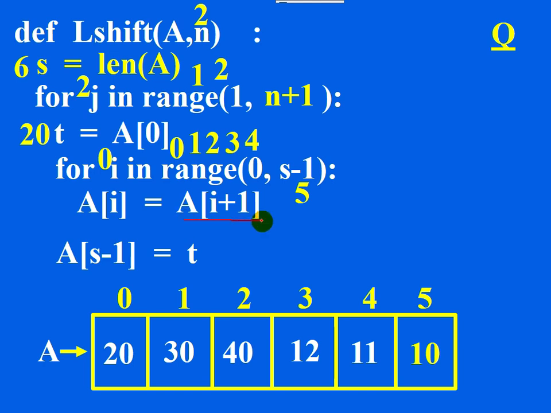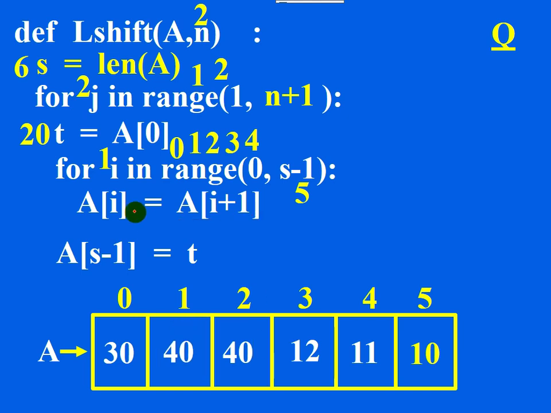Now A of 0 plus 1, A of 1 is assigned to A of 0. So this one is assigned here. Now I takes the next integer in the range, that is 1. So your variable I contains 1. Now A of 1 plus 1, A of 2 is assigned to A of 1. So this one is assigned here.